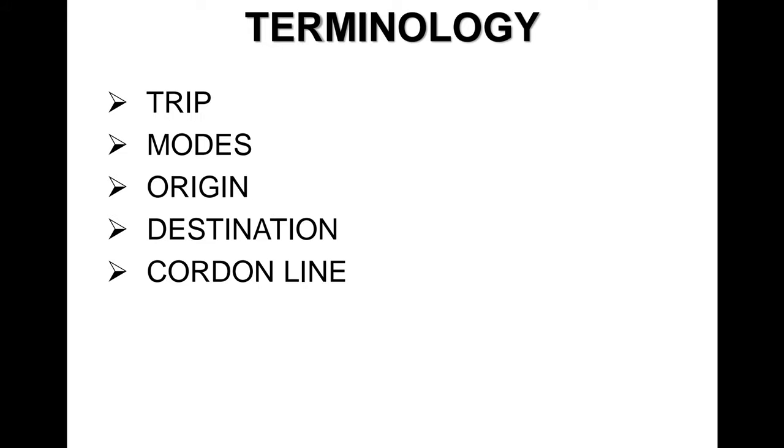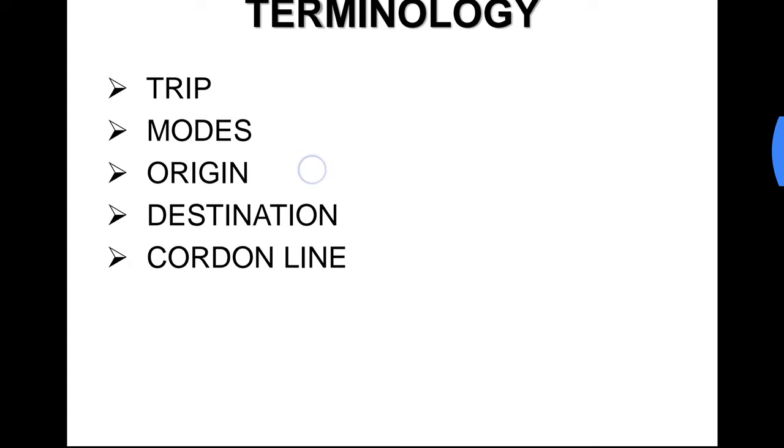This will depend on the existing site conditions, or our existing vicinity, like two-wheelers, cars, taxi, auto, bus, train, etc. Now these modes might be available to a few people living in some area and might not be available to some other person who's living in a different area.